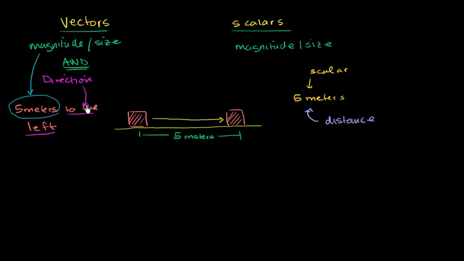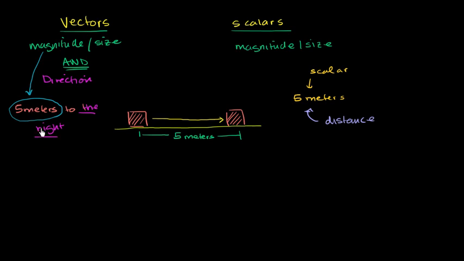So you now explicitly know that it went 5 meters to the, oh, sorry, it should be 5 meters to the right. Let me change that. So that's the direction, to the right is what it got moved. It started here, it went 5 meters to the right. So once again, the magnitude is 5 meters, and the direction is to the right.